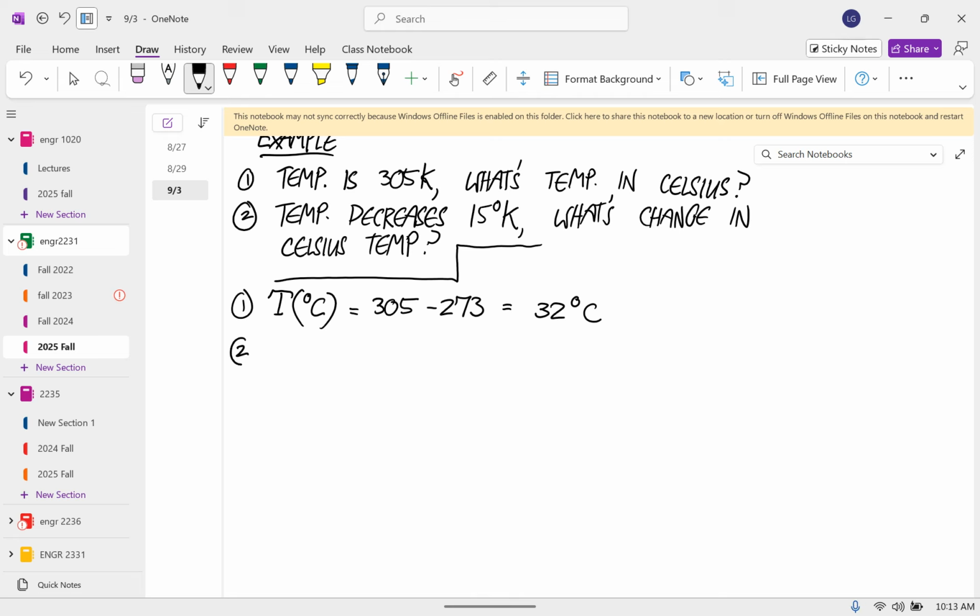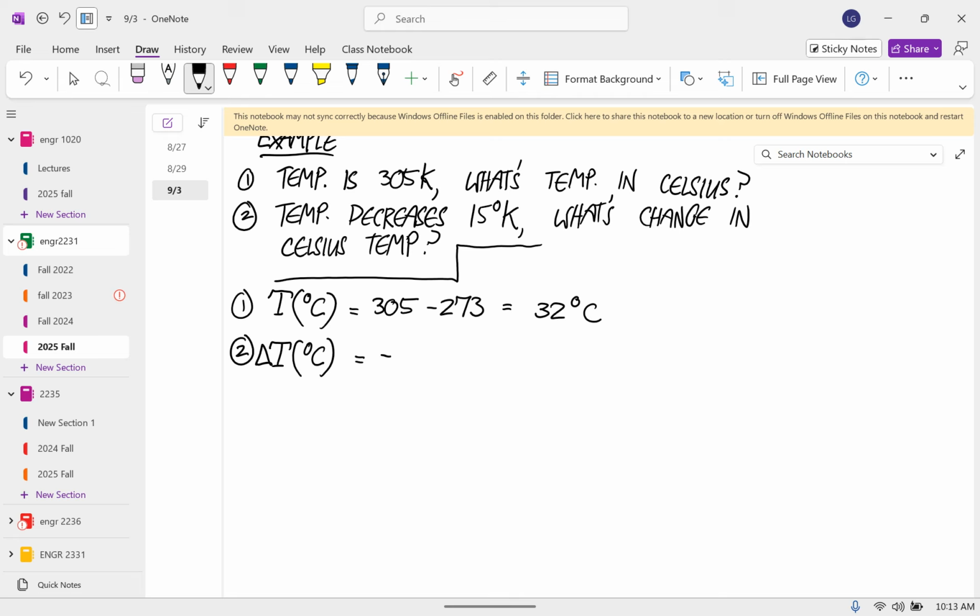For the second one, is that an instantaneous temperature or a change in temperature? That's a change. And so a change in Kelvin is the same as change in Celsius. And so it's a decrease, which means the change is negative in Kelvin.